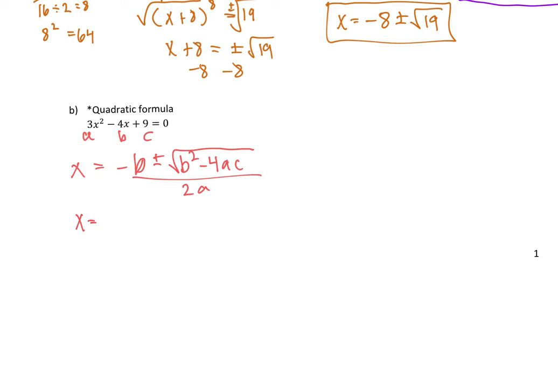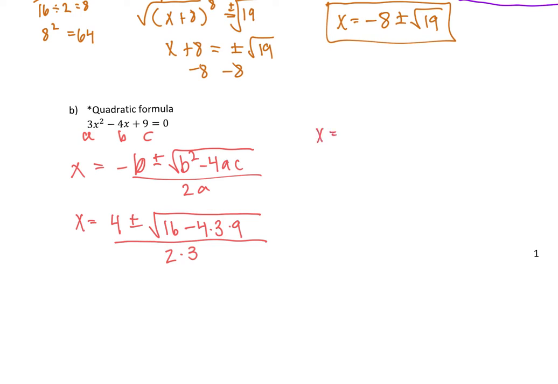So we're going to go negative b, so that's positive 4, plus or minus the square root of b squared, so negative 4 squared is 16, minus 4 times a times c, all of that over 2 times my a.